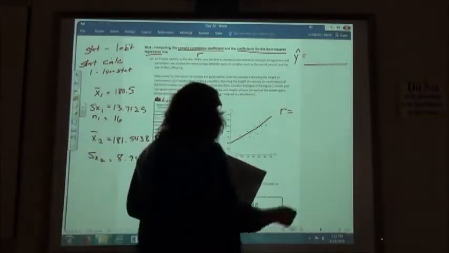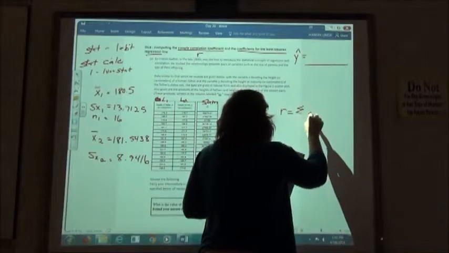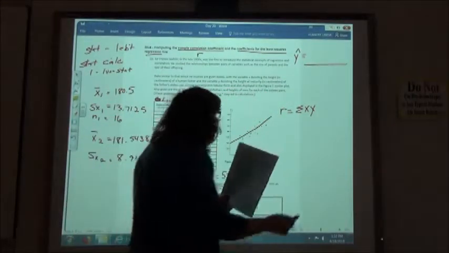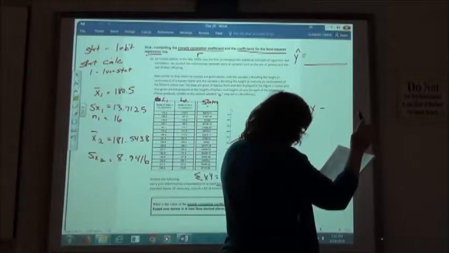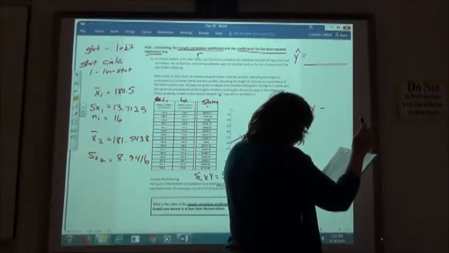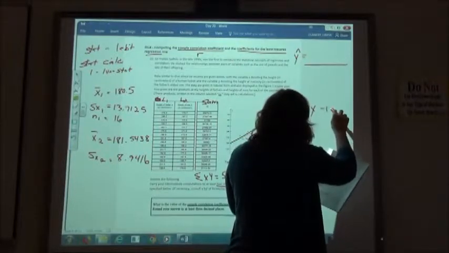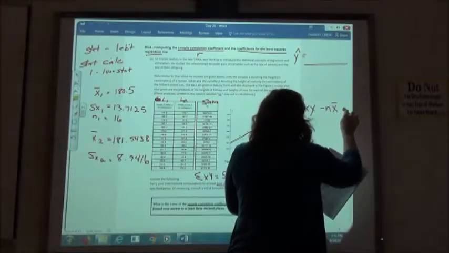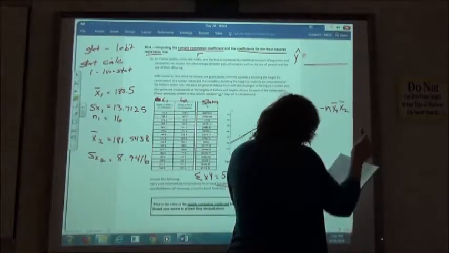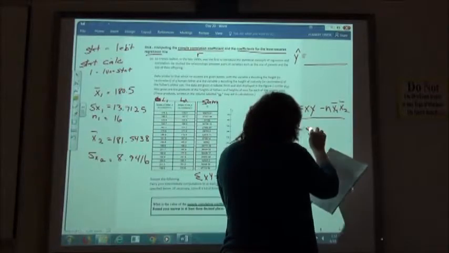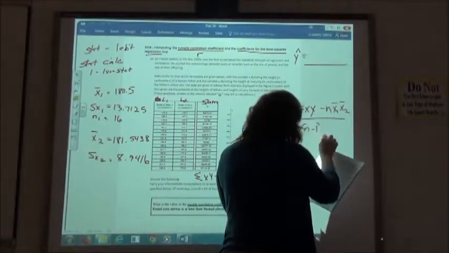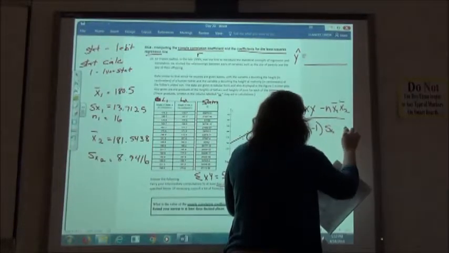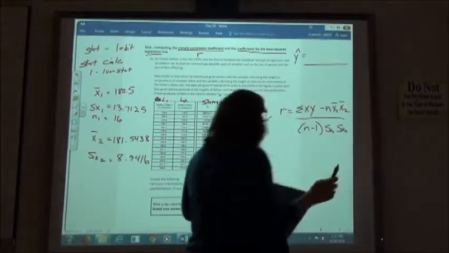So the formula says to do the sum of XY, which is this number right here that we just found, minus n times the mean of x1 and the mean of x2 over n minus 1 times the standard deviation of x1 and the standard deviation of x2.